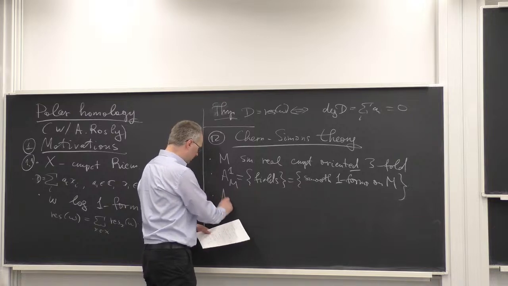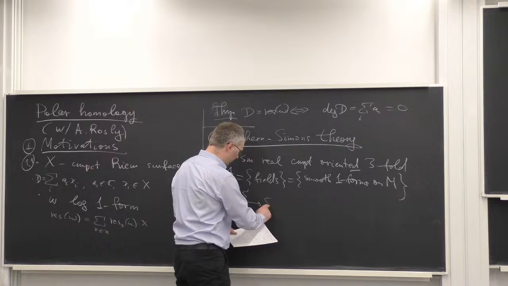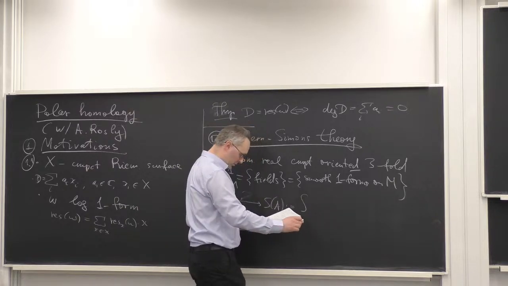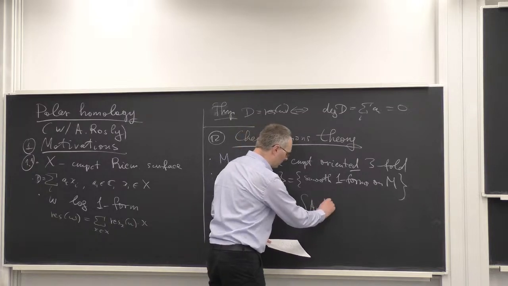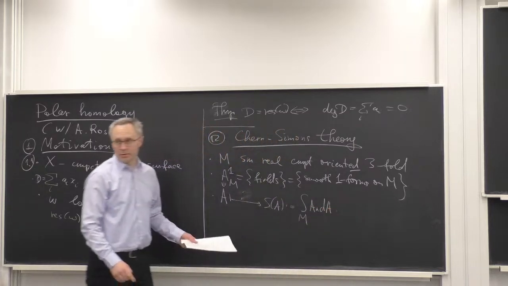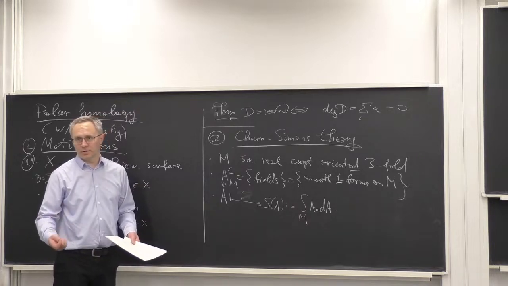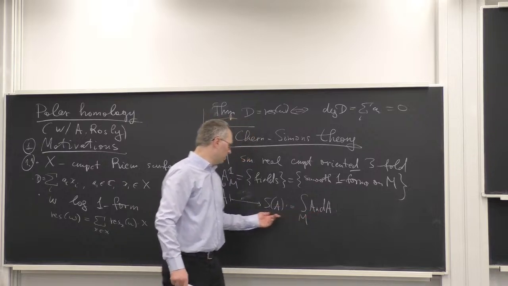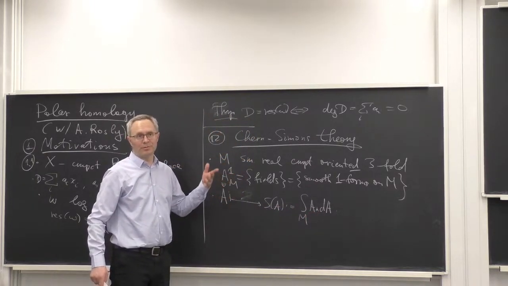So let's send A by some functional S to S(A), which by definition is the most natural thing you can cook up out of a one form and a threefold. You can just weight it with this exterior differential and integrate over M. This is a scalar, so we can say that it's a quadratic function on the space of all one forms, and in a sense it is positively defined.